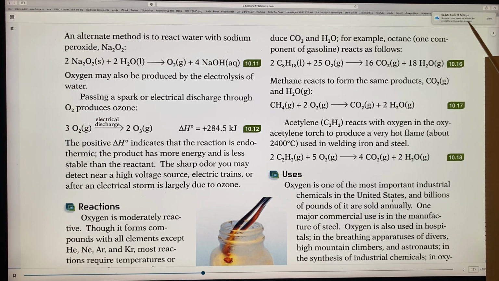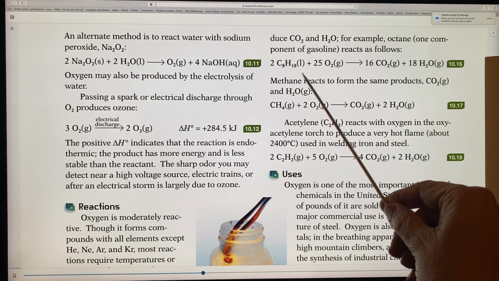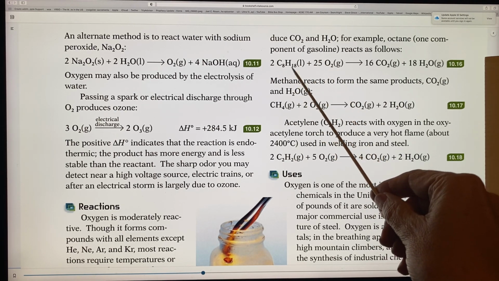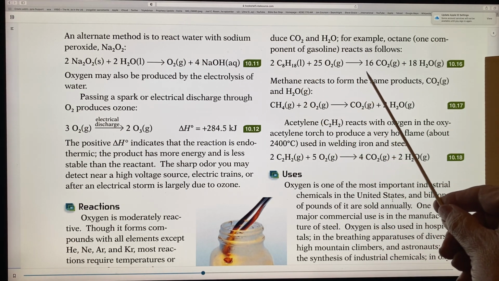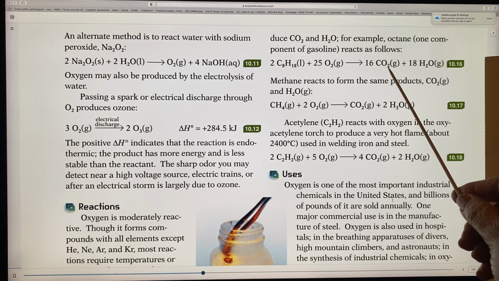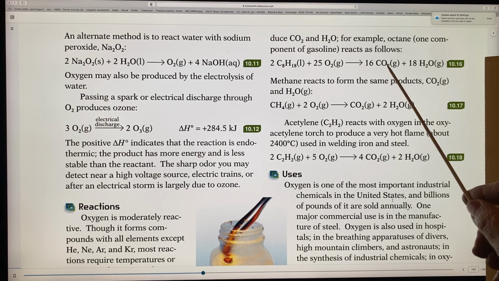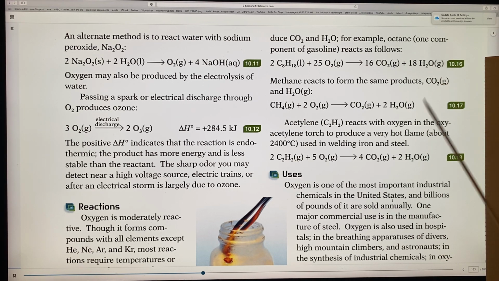For example, octane, one component of gasoline. You can see how it goes: they use 25 oxygen to ignite it, and as the octane is ignited, you'll see it puts off 16 carbon dioxide and water. So when you're burning, what we have is carbon dioxide and water.